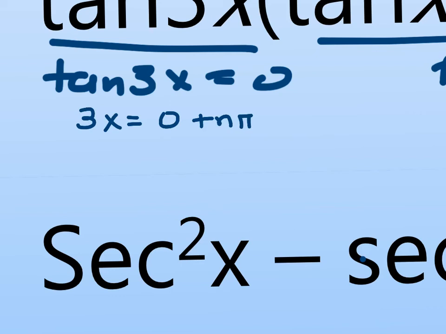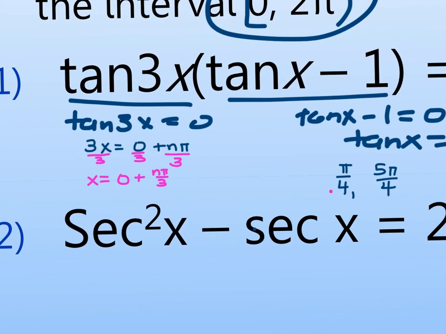You with me so far? So then to both sides, I'm going to divide by 3. And I get x equals 0 plus n pi over 3. And because it's a restricted domain, I'm going to include 0. So that's my first angle.